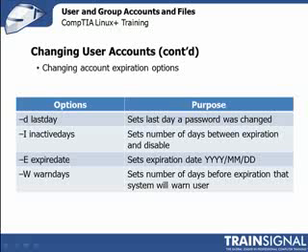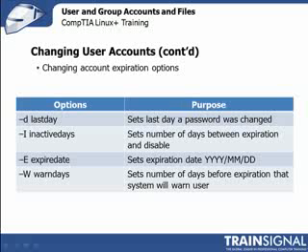And finally we have dash capital W, or warn days, which sets the number of days before expiration that the system will warn the user. Now you've probably seen this option if you've logged in and the system tells you you've got 10 days left to change your password. This is what the dash capital W option does.